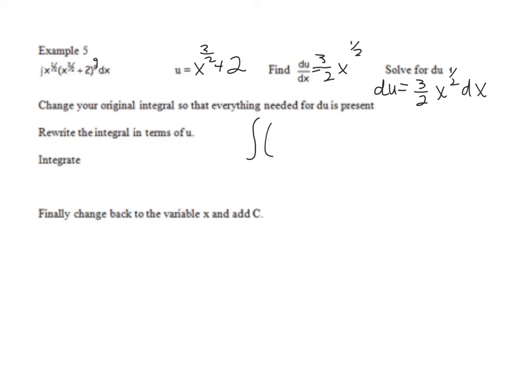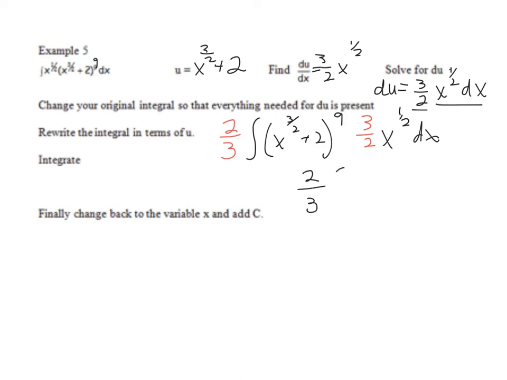So this is my x to the 3/2 plus 2 to the 9th power, and then I have x to the 1/2 dx. And I'm looking here, and I see I have that part, but I don't have the 3/2, so I'm going to add that. To make that a form of 1, I'm going to multiply by 2/3. I'm going to rewrite this in terms of u.